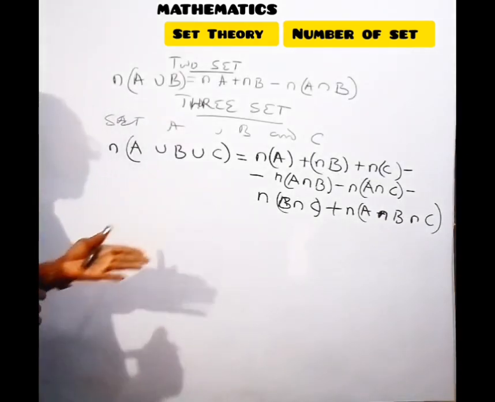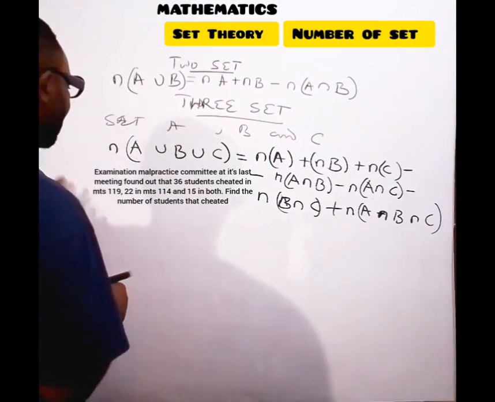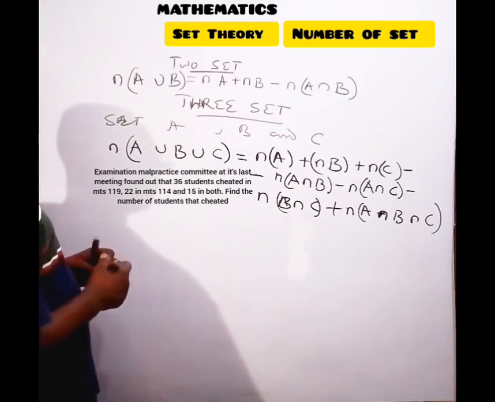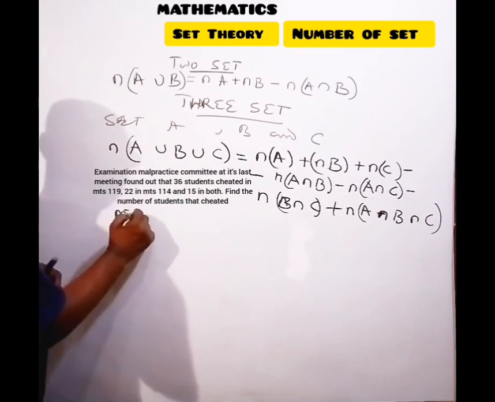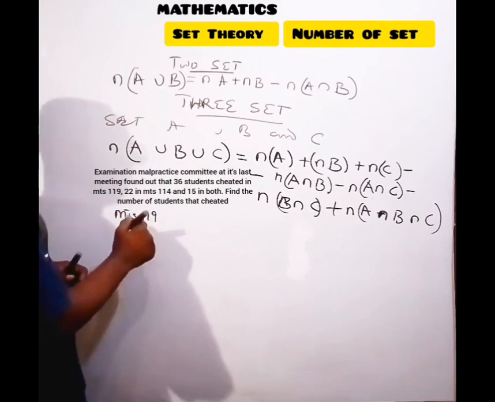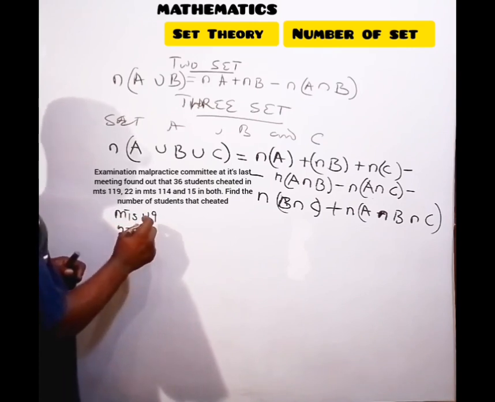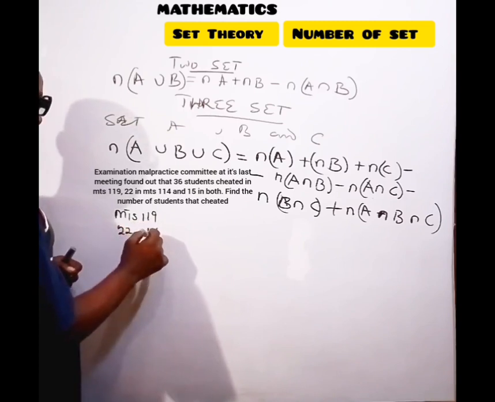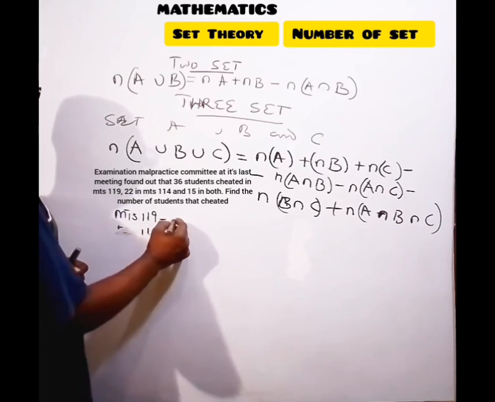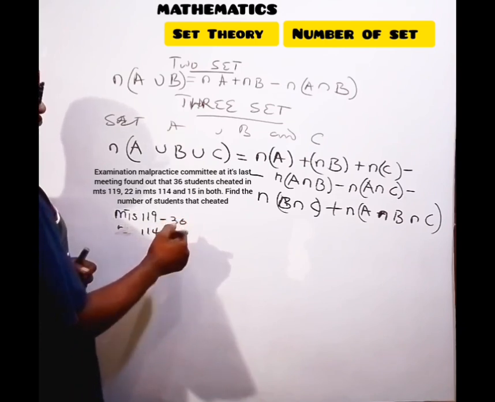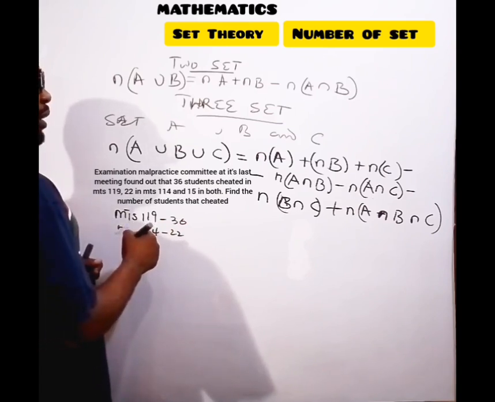Now we are going to look at a question right away. The question says that the examination malpractice committee, in its last meeting, found out that 36 students cheated in NTS 119, 22 cheated in NTS 114, and 15 cheated in both.